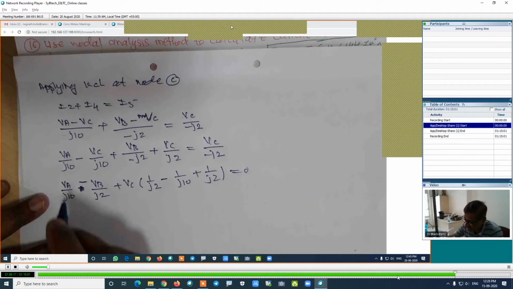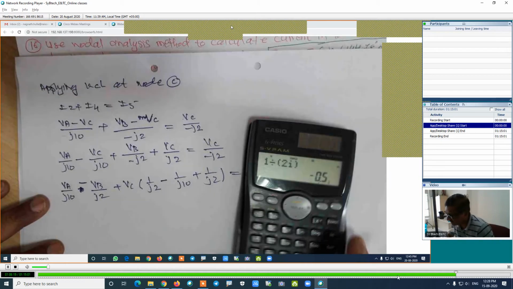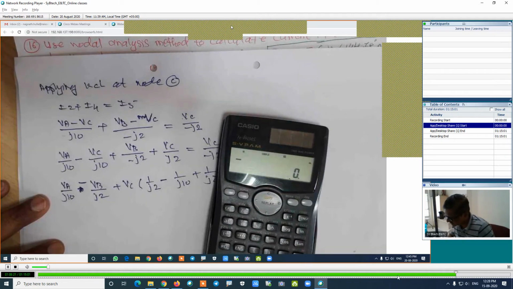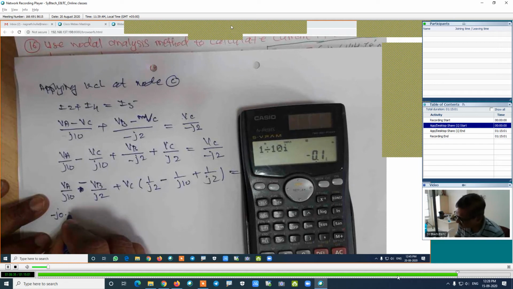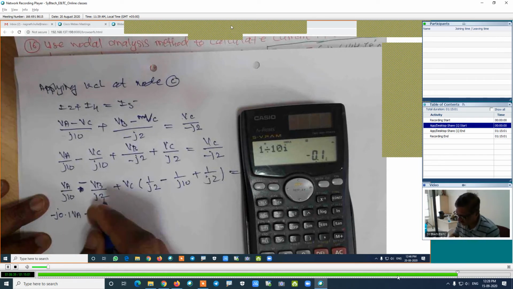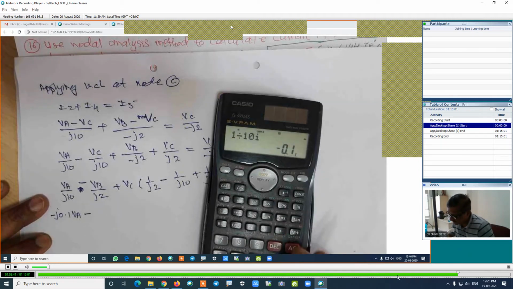If we are finding this value VA divided by j10, if I am using the complex calculation, it is 1 divided by 10i, which is equal to 0.1i. This is minus j0.1 VA minus this value VB divided by 1/j2.